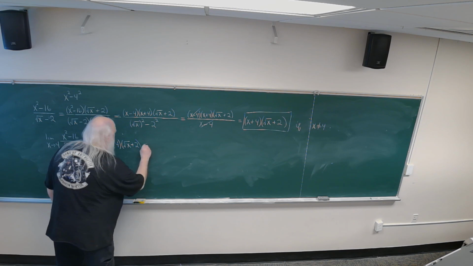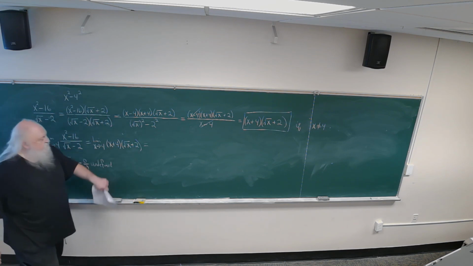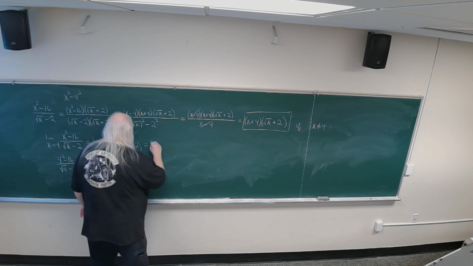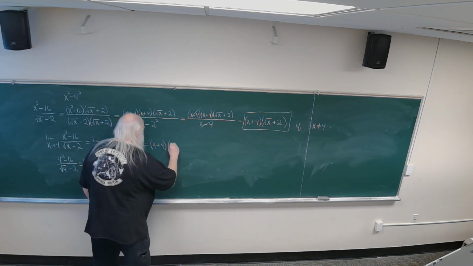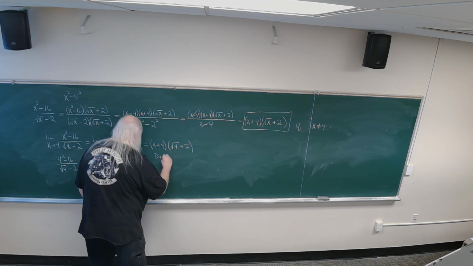Now when I do the direct substitution, put in 4 for x, I have 4 plus 4 times the square root of 4 plus 2.